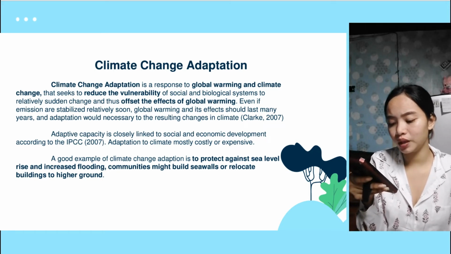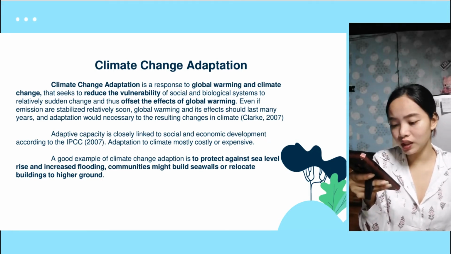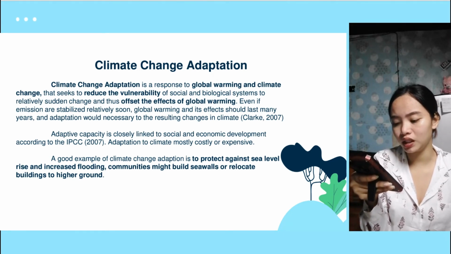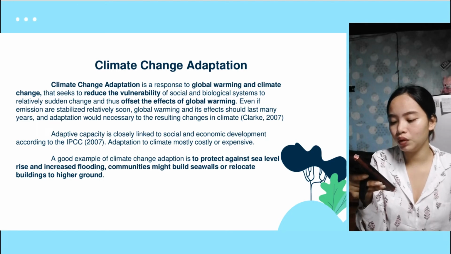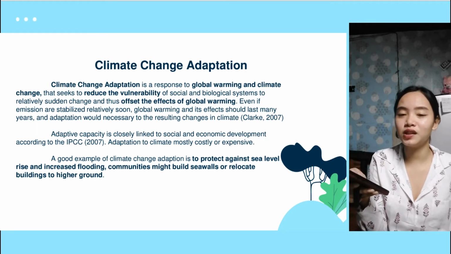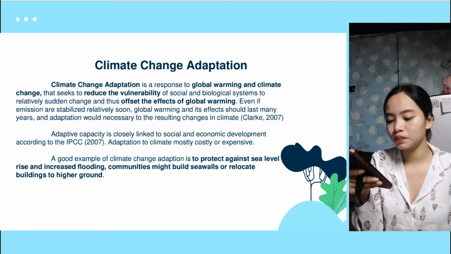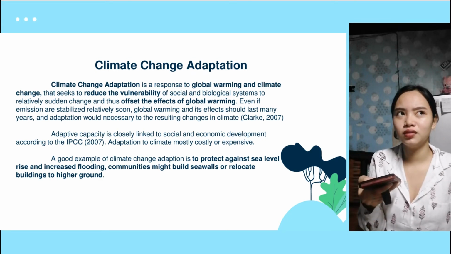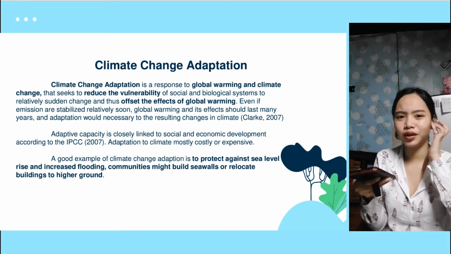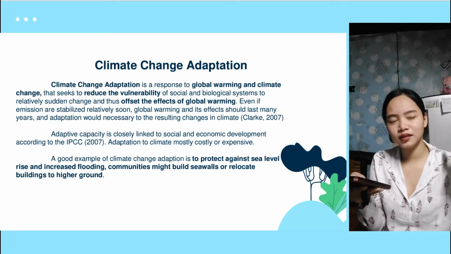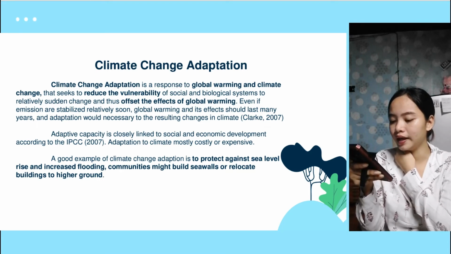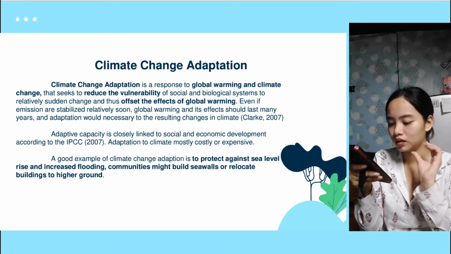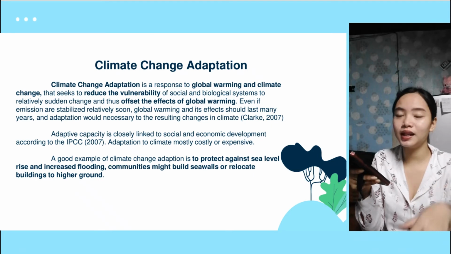So a good example of climate change adaptation is to protect against sea level rise and increase flooding. Communities might build seawalls or relocate buildings to higher ground. So as what I've said earlier, katong nalimot ko asa to siya dapit nga lugar, pero kana dito sa SPC man na siya nana silay seawall.